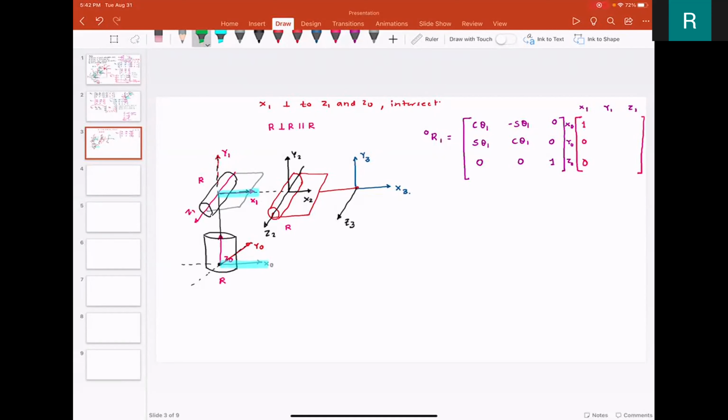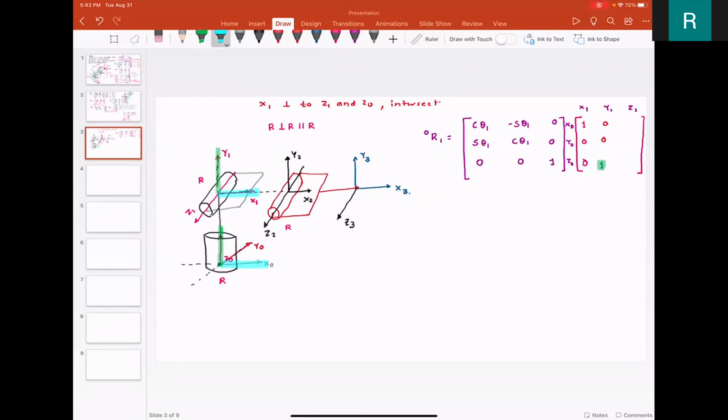Y1, and this is super important, everyone look at the board, this is super duper important. Y1 is not in the direction of y0, but it's in the direction of z0. So this is 0, this is 0, this is 0, this is 1. This is something that I want you to remember.